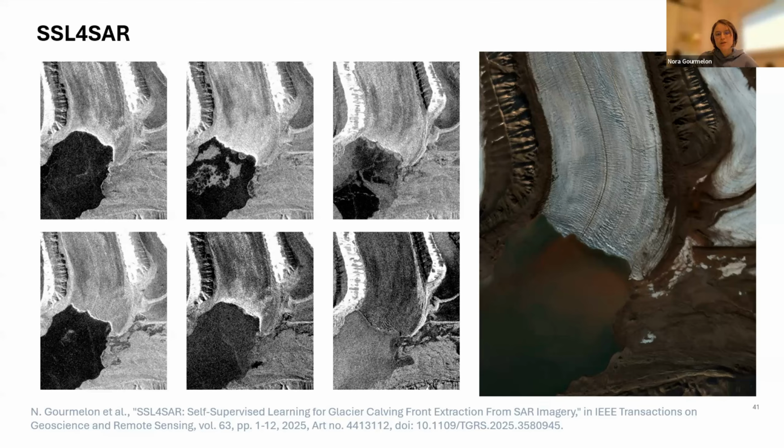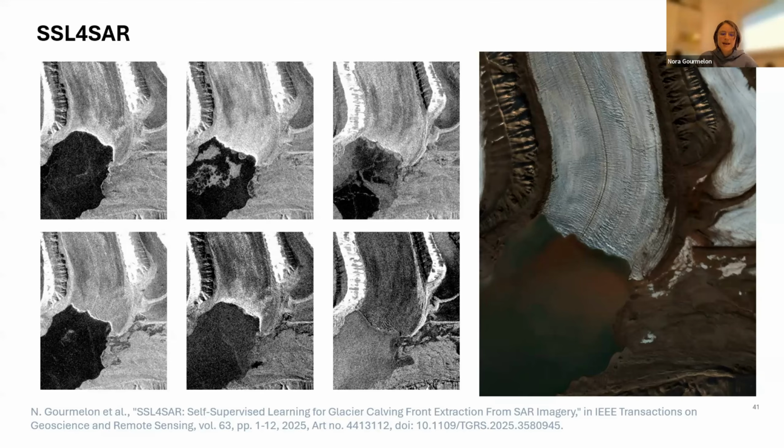I found one optical image that shows no clouds and corresponds to the SAR images of these glaciers. So that totals 14 optical images for these nearly 10,000 SAR images. This dataset in total, we called SSL4SAR.